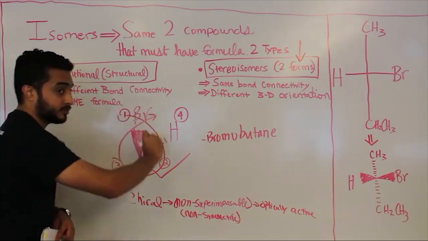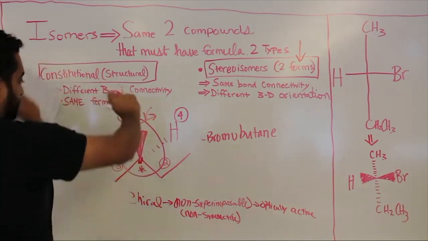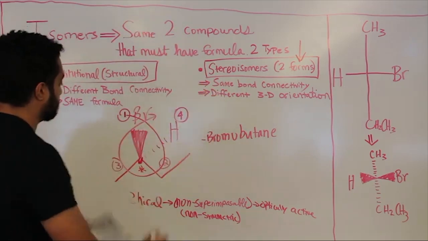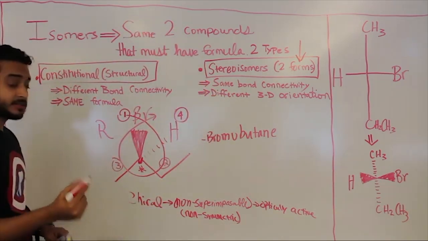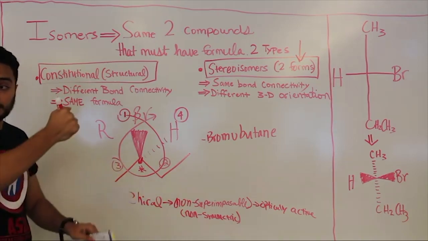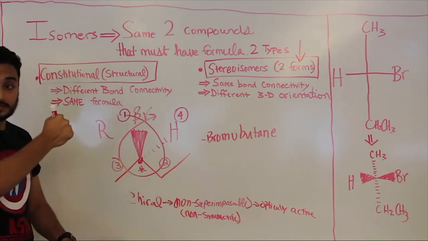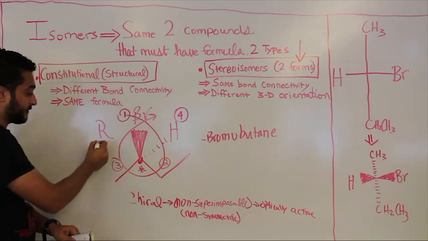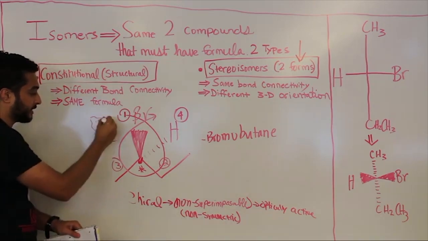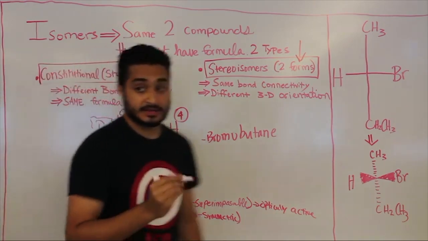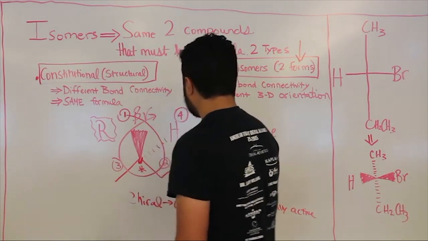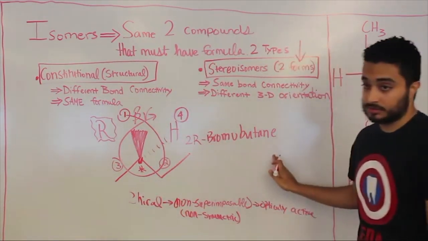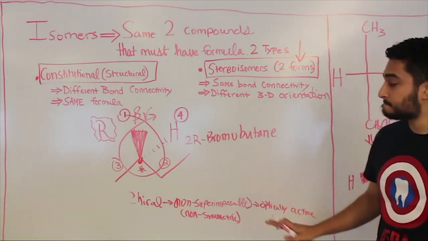Since I'm going to the right, I have a steering wheel and I'm turning it to the right, that means this is an R configuration, okay? If I had a structure that was going the opposite way, then it would be referred to as an S structure. And whatever letter you have telling you the orientation, you write that next to the number in your nomenclature. So we know it was R, it's 2R-bromobutane. That's how you do this, okay?